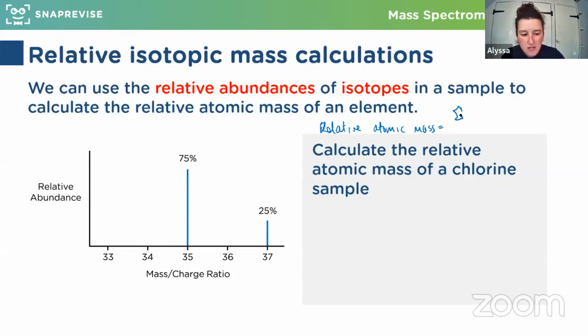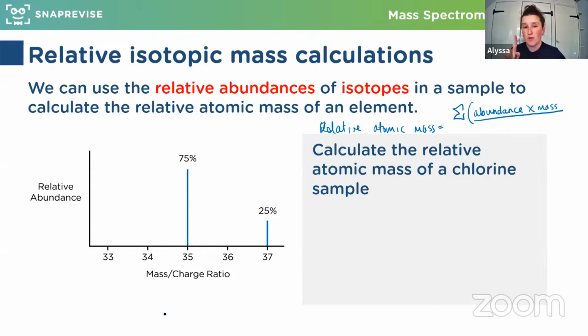Oh, lovely. Yeah, exactly right. So it's the sum of, because we've got to add them all up, the sum of the abundance times their mass to charge ratio, which, especially at A level, we assume is 1 because only one electron would have been removed.